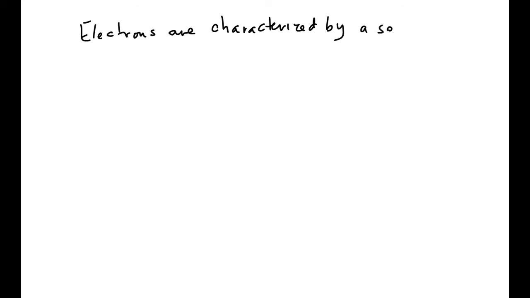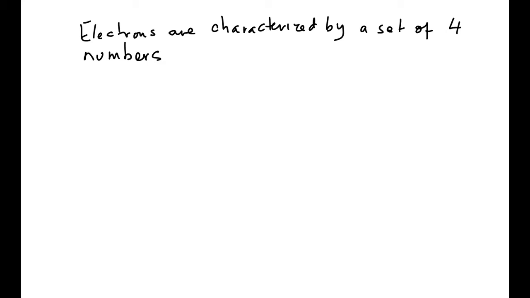So electrons are characterized by a set of 4 numbers. And these are called the quantum numbers.